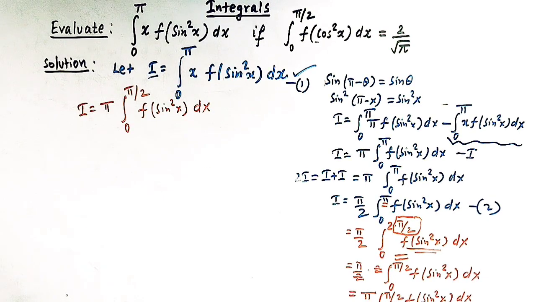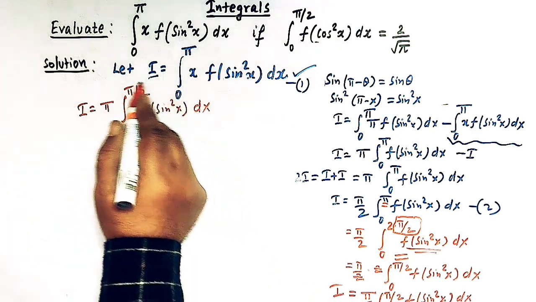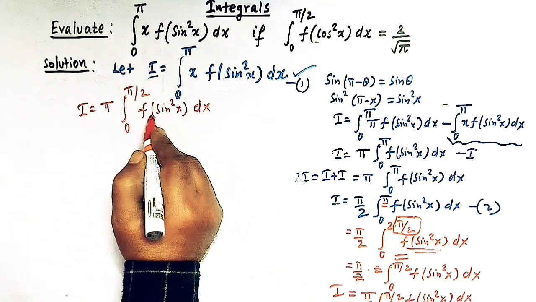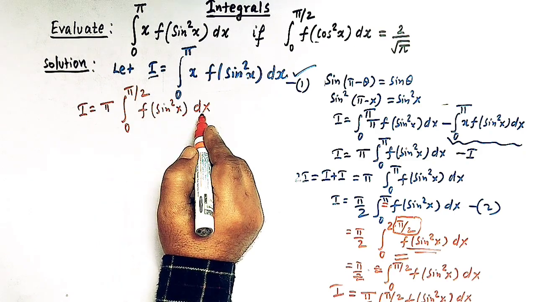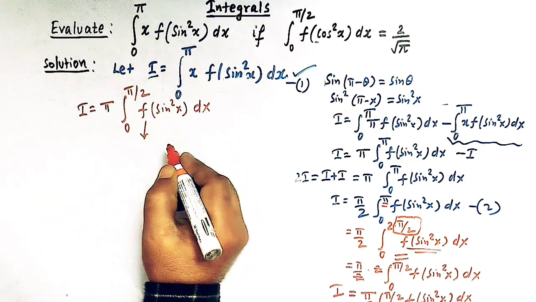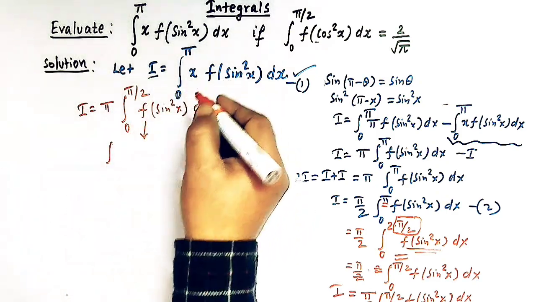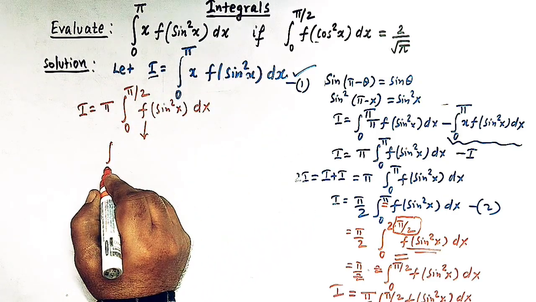So now this integral I is equal to this one, pi times 0 to pi by 2 f of sine square x dx.